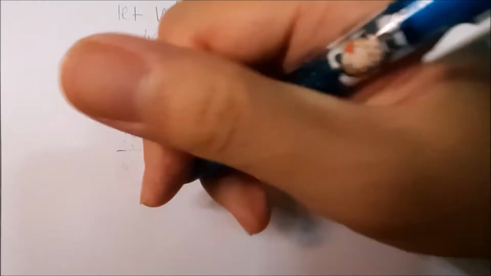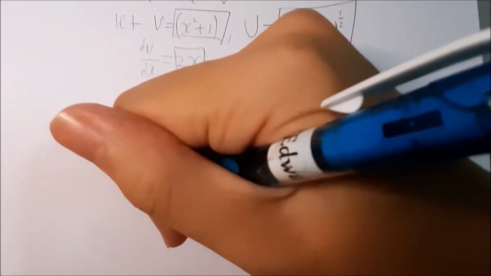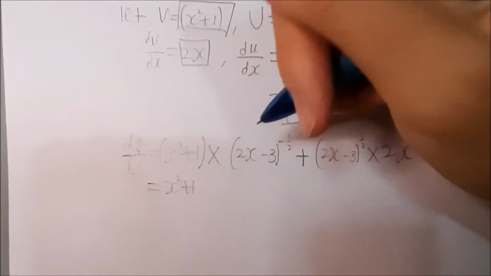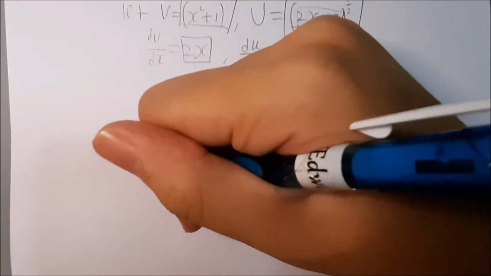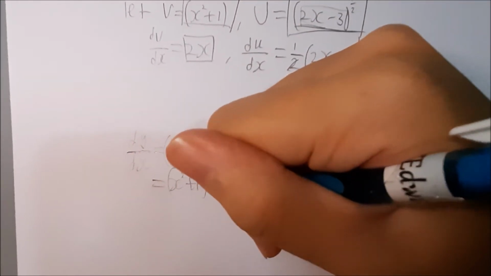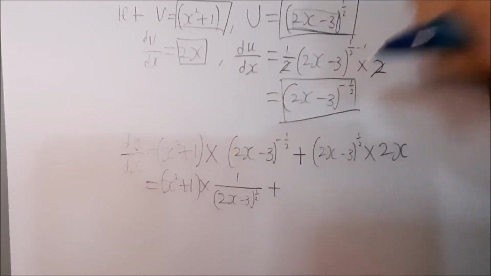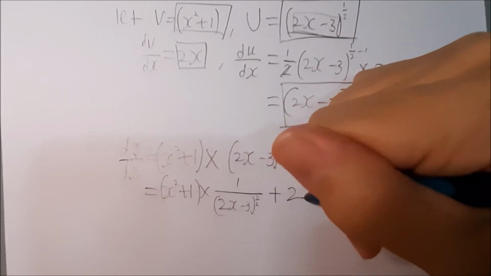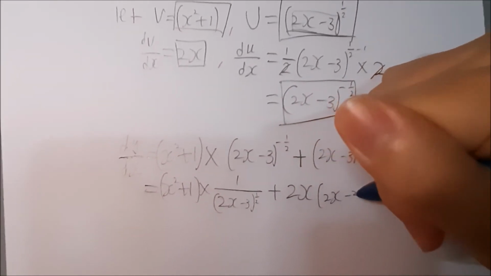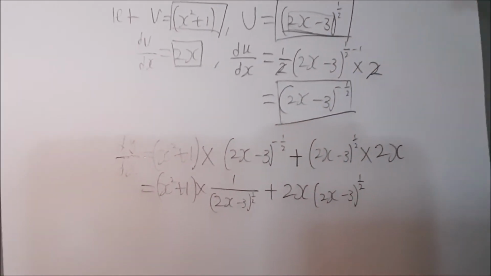And now if we simplify this, you get x squared plus 1 times 1 over 2x minus 3 to the power of half plus 2x minus 3 to the power of half.